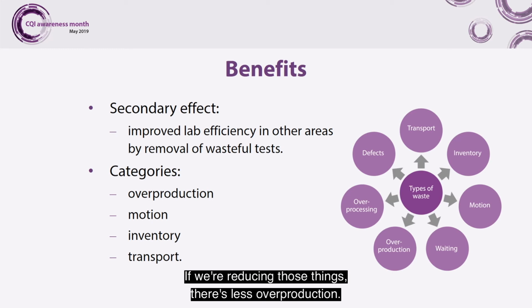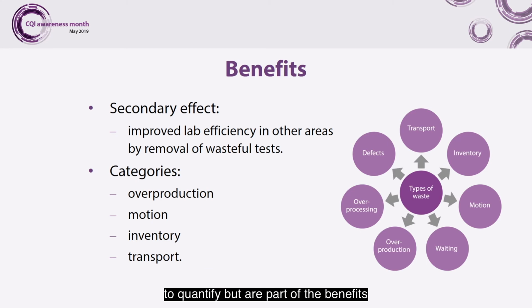If we're reducing those things, there's less overproduction. You can reduce motion. You can reduce inventory. You don't have to carry so much stock or material around, and you're not transporting useless samples around the organization. These are all secondary benefits that can be difficult to quantify, but are part of the benefits that the organization will gain through the changes that you can make.